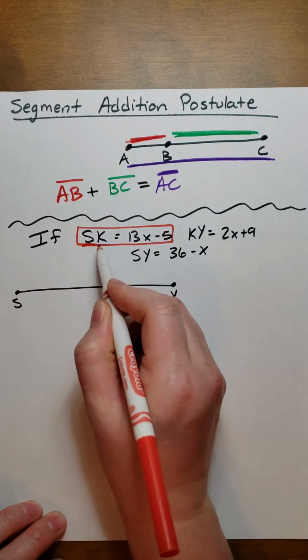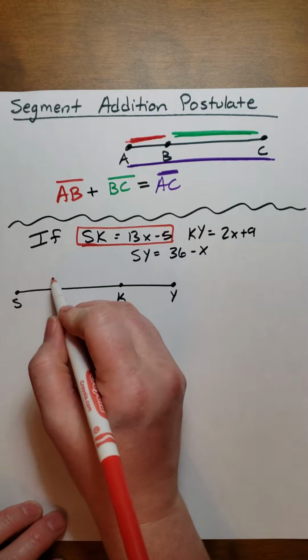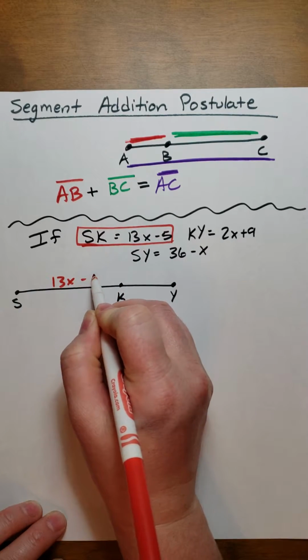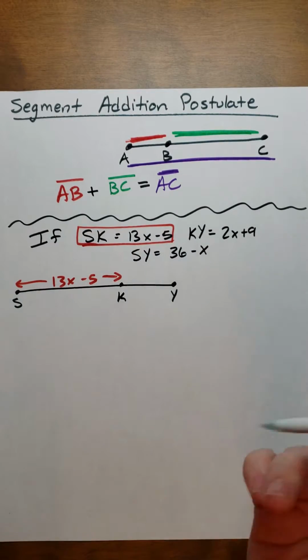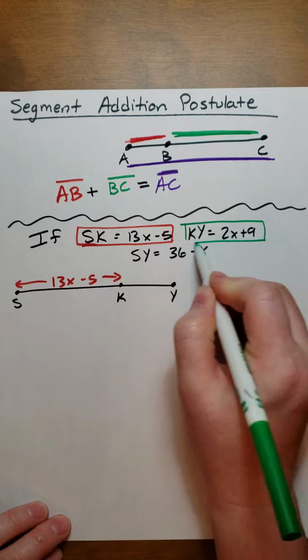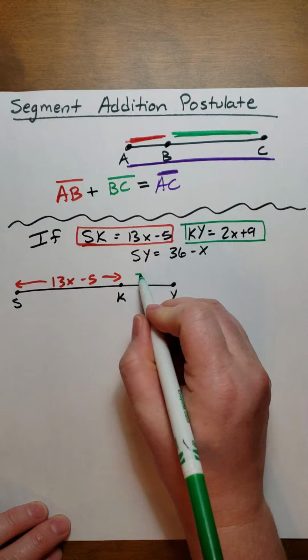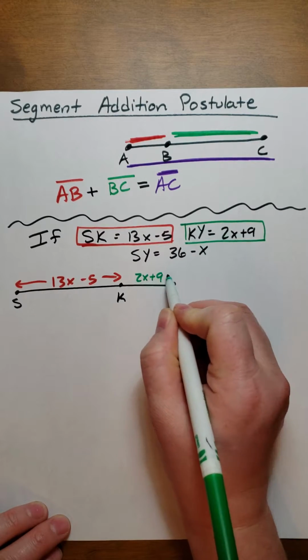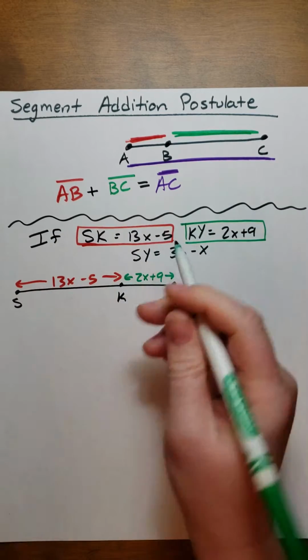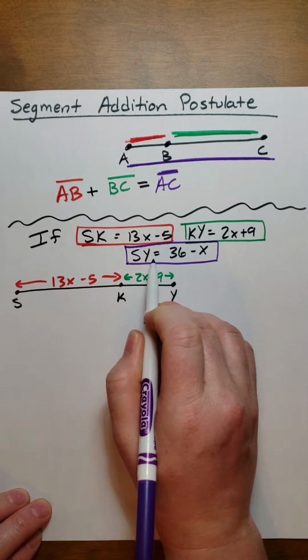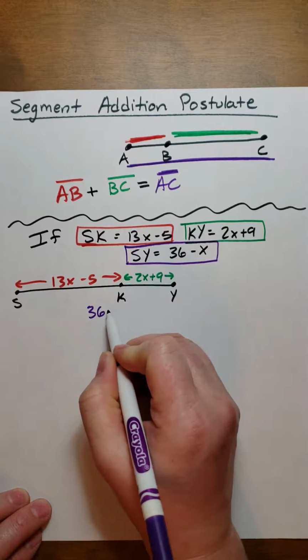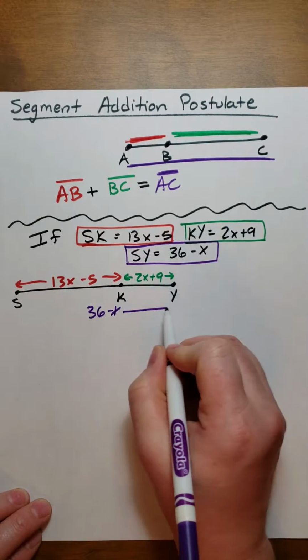So if this is SK, the distance from S to K is 13x minus 5. KY is 2x plus 9. And our last bit of information is that SY is 36 minus x.